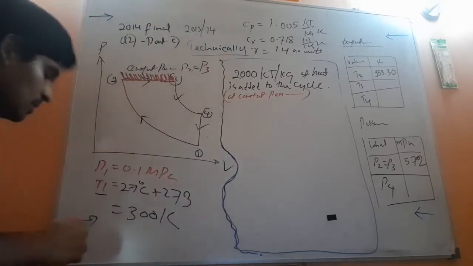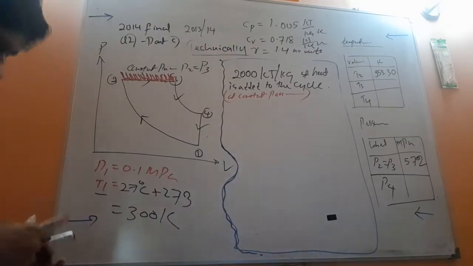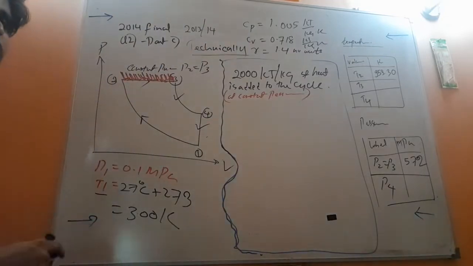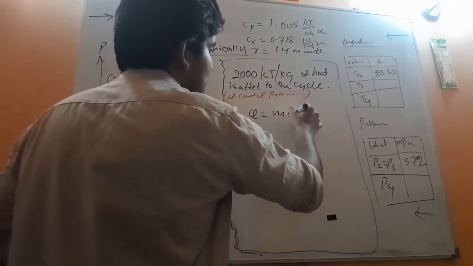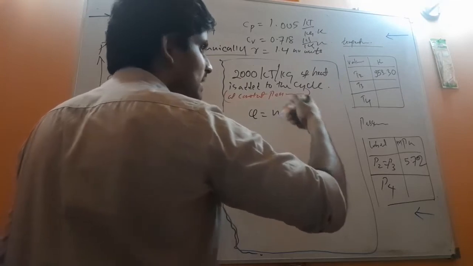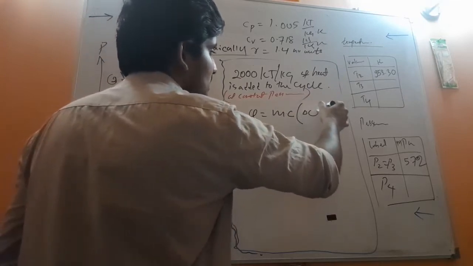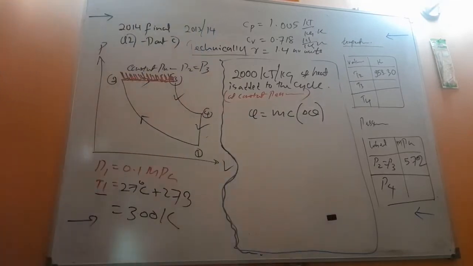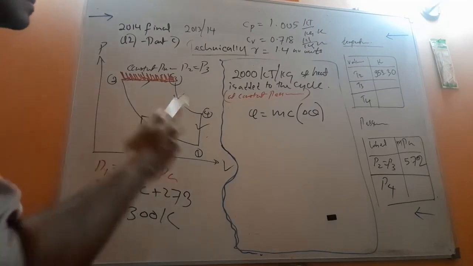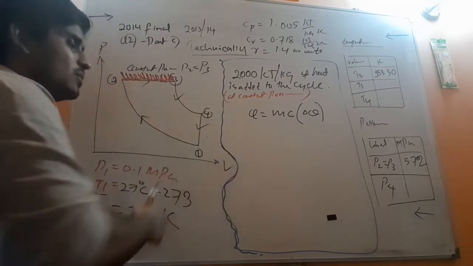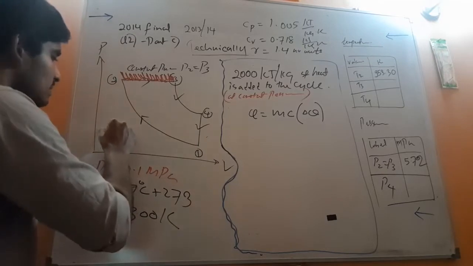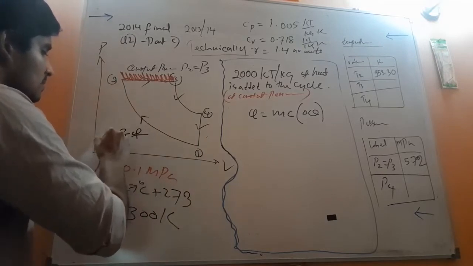Okay. So what is the equation you can use? Q equals m c delta theta, the temperature difference, right? And in this problem you are going to consider only 1 kilogram of air, because if you are going to consider the working fluid, you are going to consider 1 kilogram of air, right?